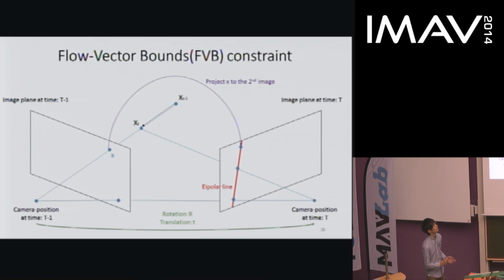In this constraint, the point x in the first image is projected to the second image using homography, and then we check the motion of the point x on the second image. This motion is called the flow vector. And if the length of this vector is too long, the point x is detected as a dynamic point. These are the two constraints we used in our approach.